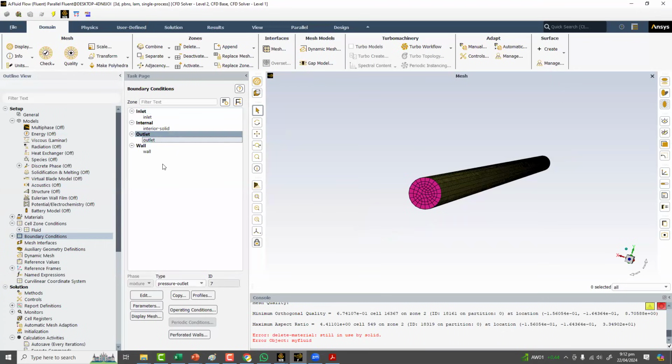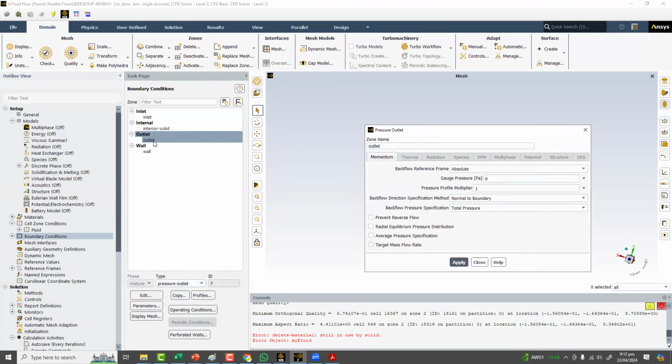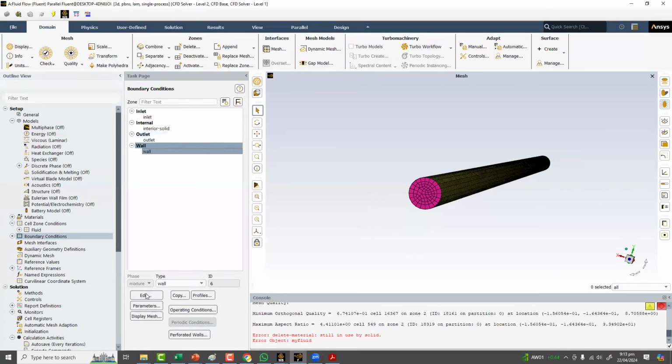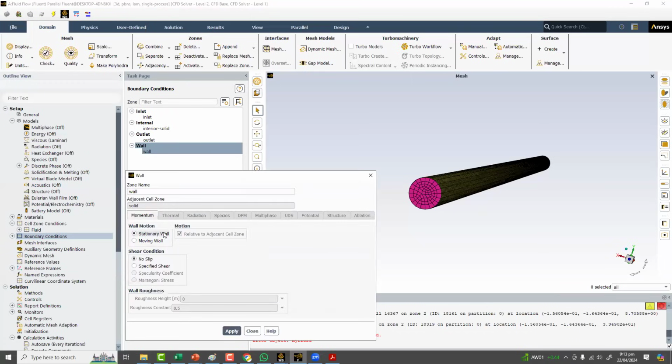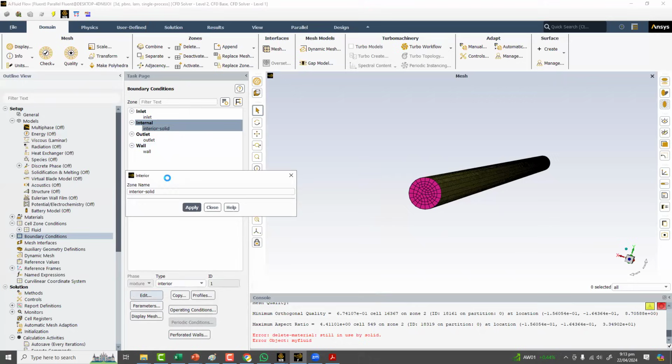So it will always be zero gauge pressure, but just make sure that the pressure outlet is defined as the type for the outlet boundary condition. And the wall will be a no slip condition. Just confirm the no slip condition is there. It's a stationary wall and no slip. Okay. Close, and interior should be fluid.